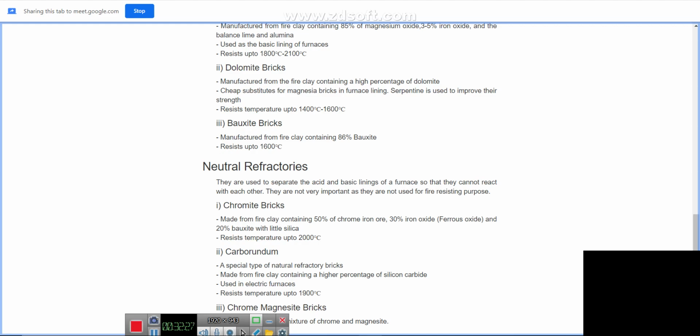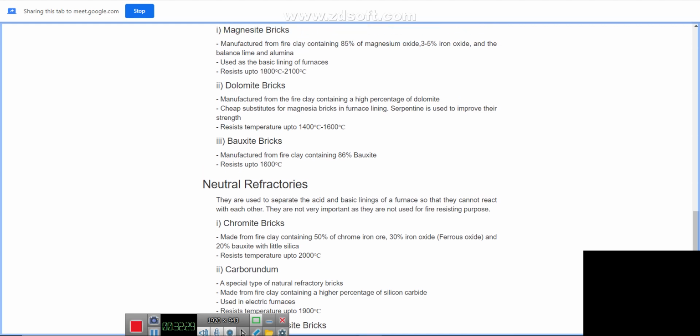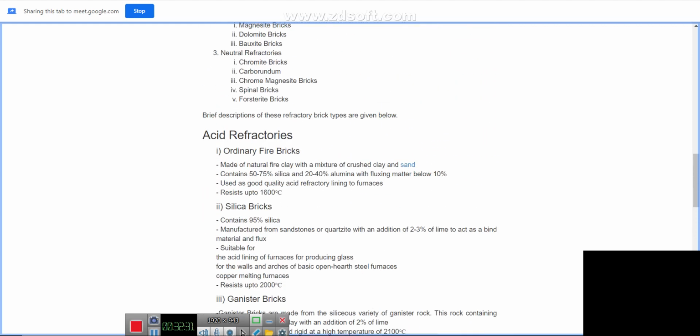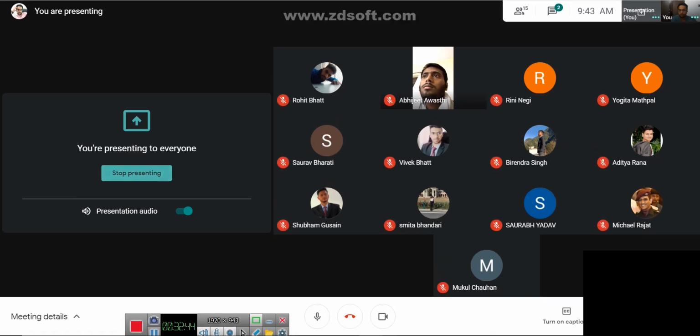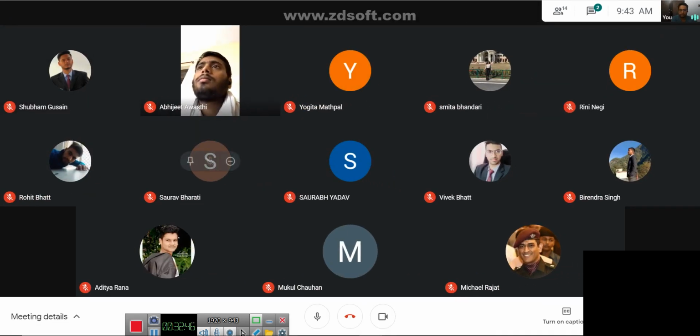And neutral refractories, you can write chromite bricks. Okay, was that clear?